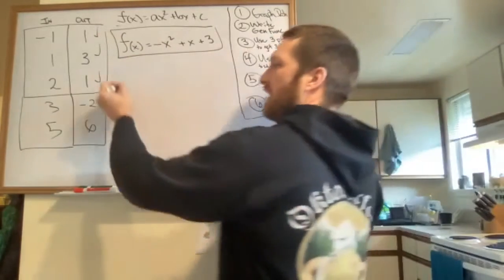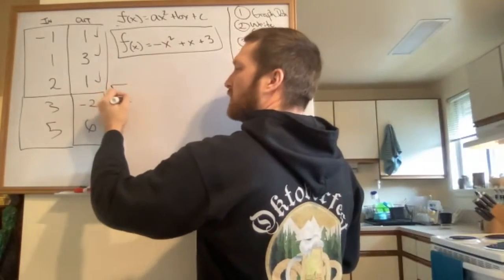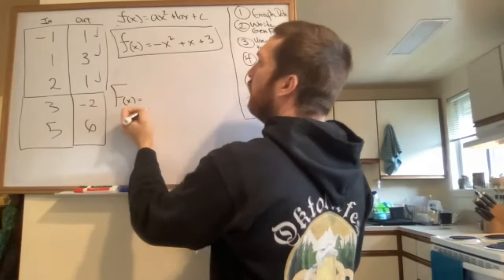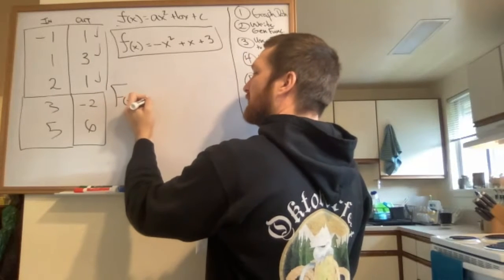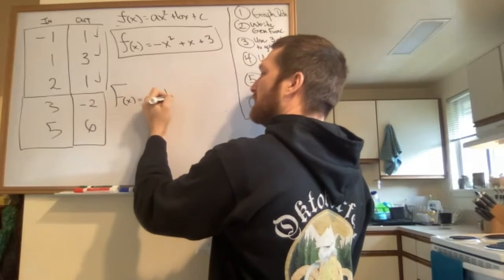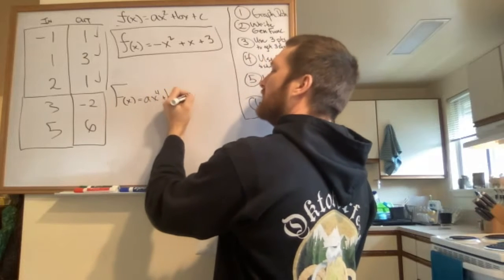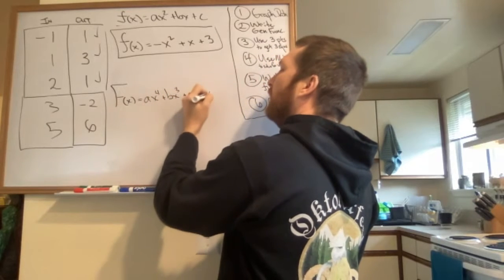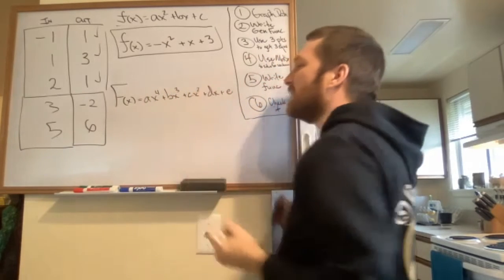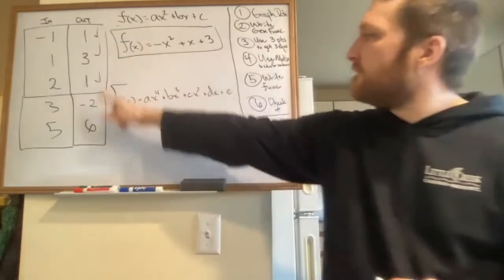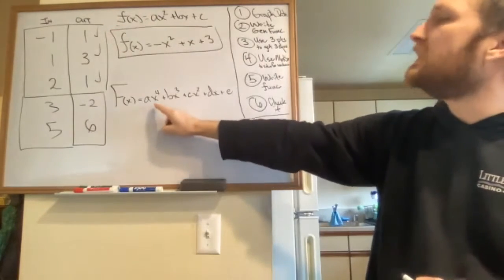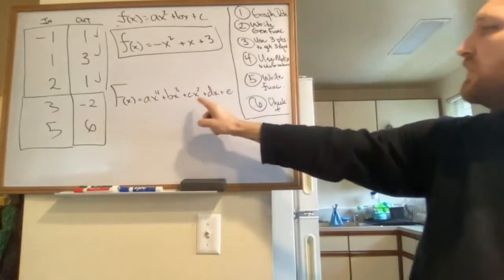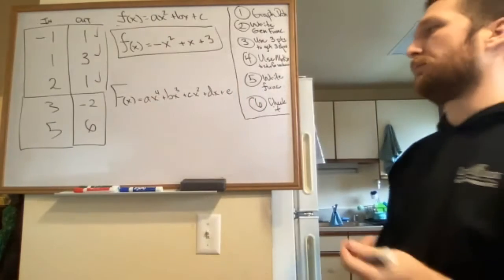We could have a function with 5 unknowns. And what might that look like? Well, how about something like this? Ax to the 4th plus bx cubed plus cx squared plus dx plus e. Given 5 points, we can solve for 1, 2, 3, 4, 5 unknowns.